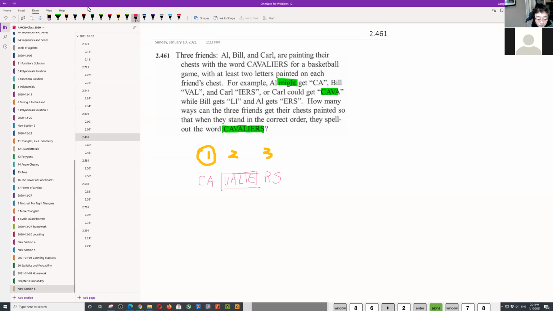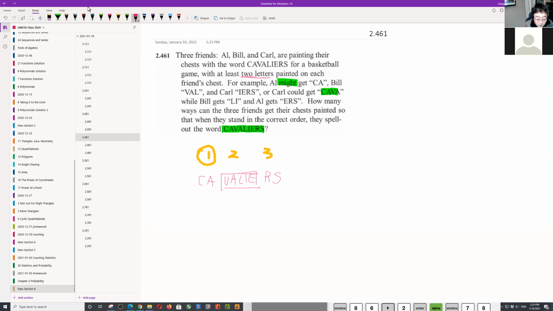Also the second person needs to have at least 2. Each person has to get at least 2 letters.